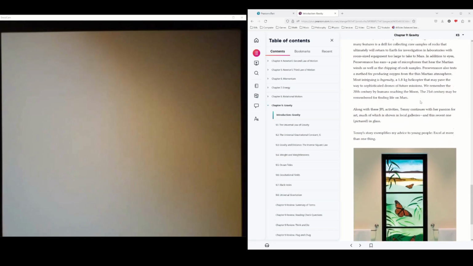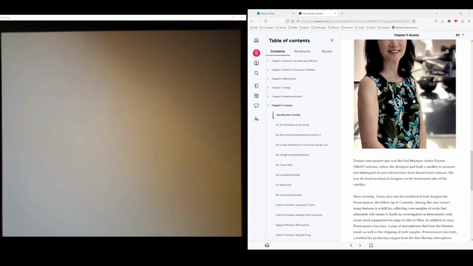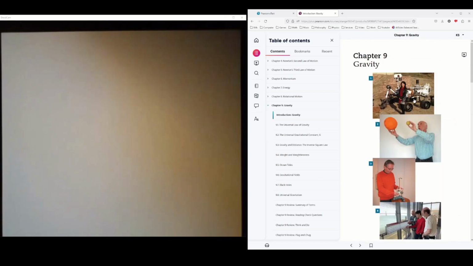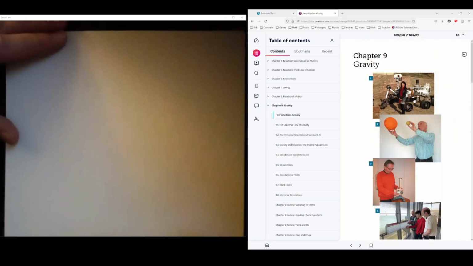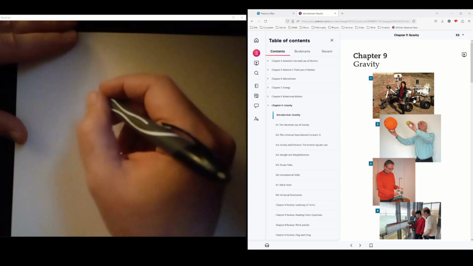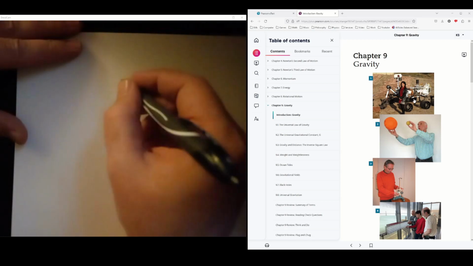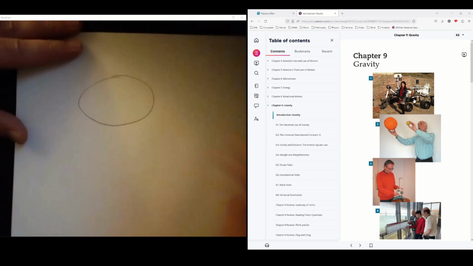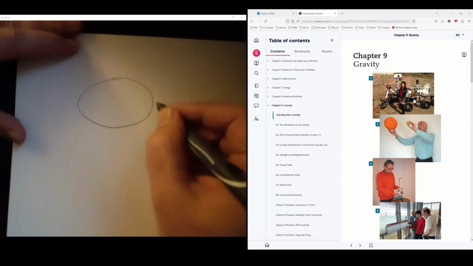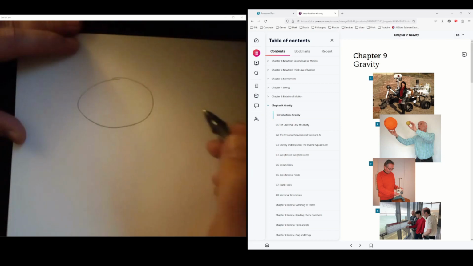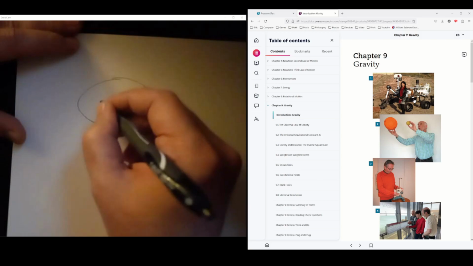Kepler, in I think the early 1600s, is the one that eventually figured out, doing a lot of math and looking at observations, that objects in orbit had to follow an ellipse with the center of mass at one of the focus points.